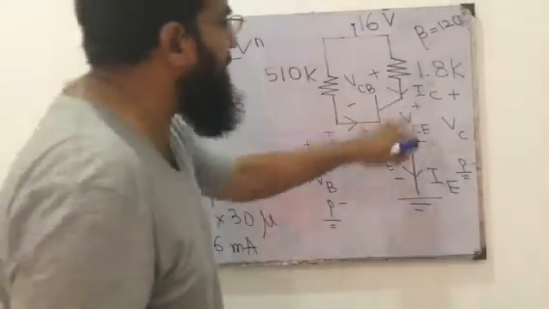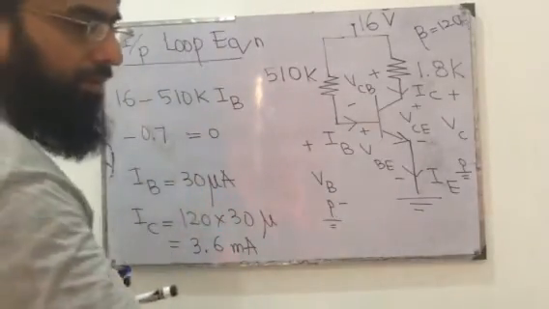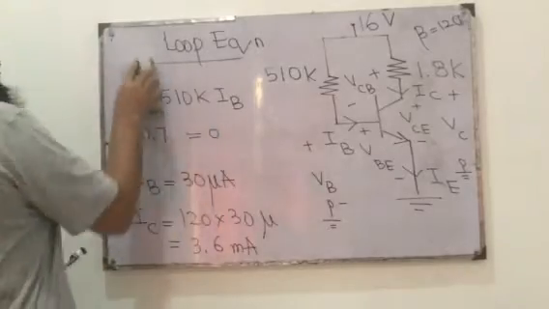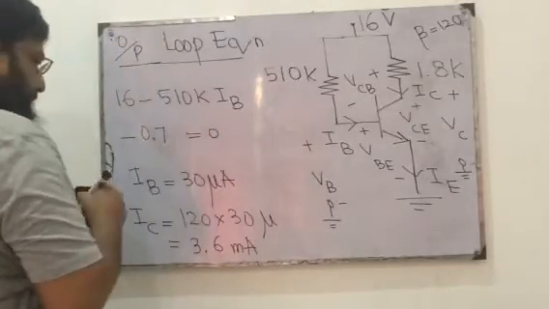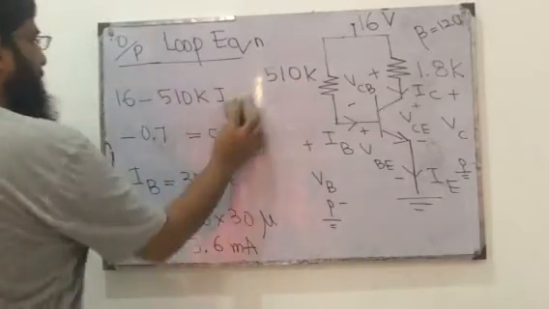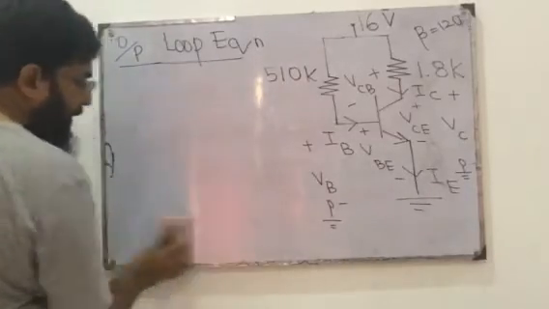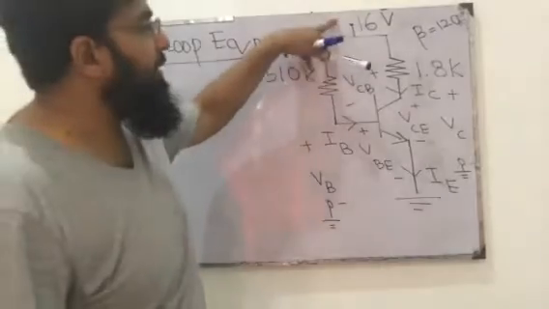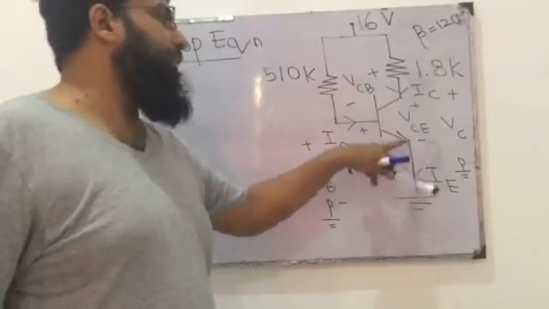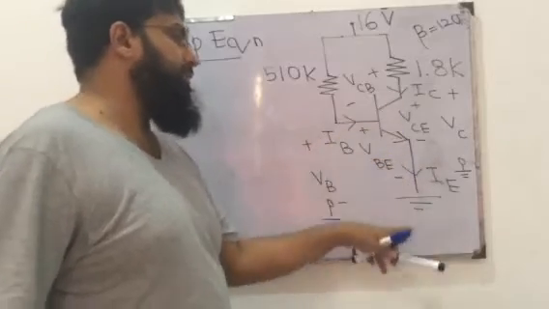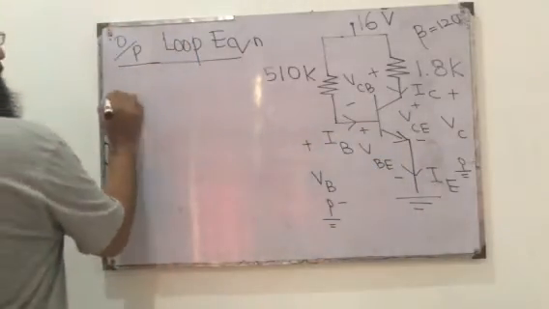In order to find out VCE, we need to write the output loop equation. We already know its general form: VCC minus the voltage drop across the resistor RC, minus the voltage drop across the collector emitter junction, is equal to 0.